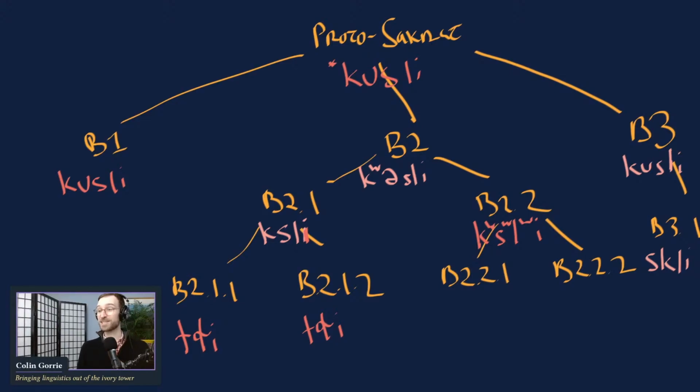And if you don't know what that's referring to, check out the Ruining Tokipona series. And then in 2.2.1, we lose this secondary articulation, and it gets put back onto the vowel. So we get xlu.